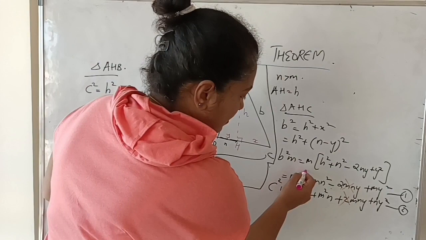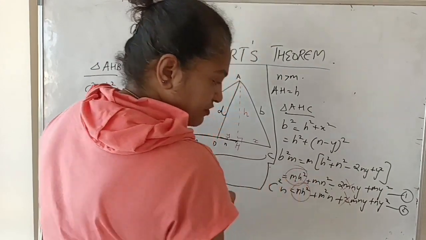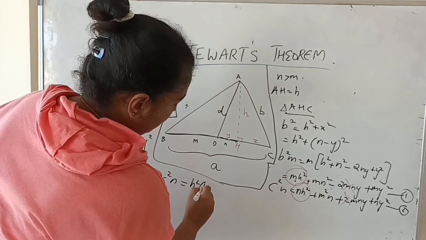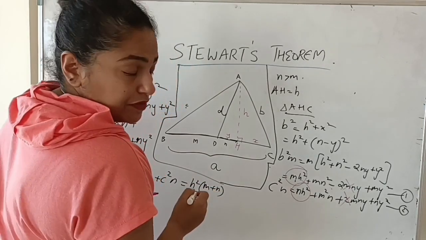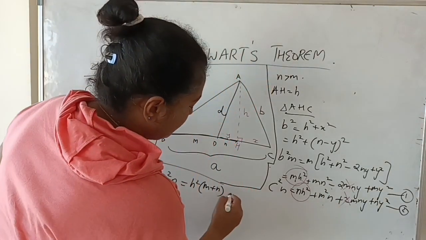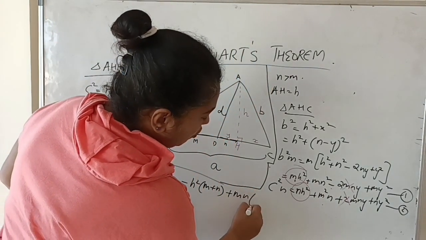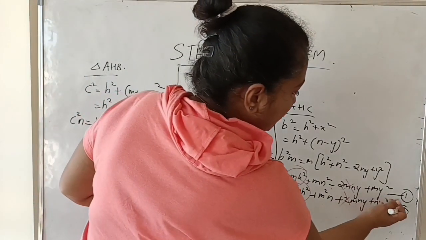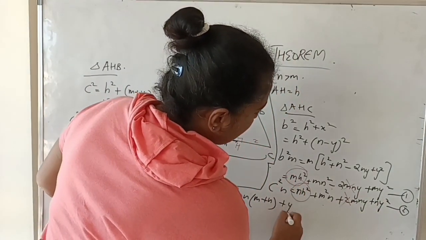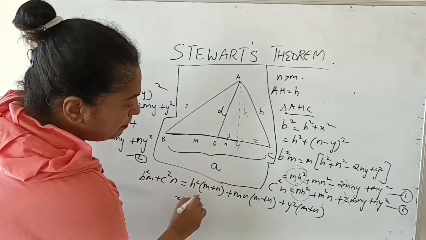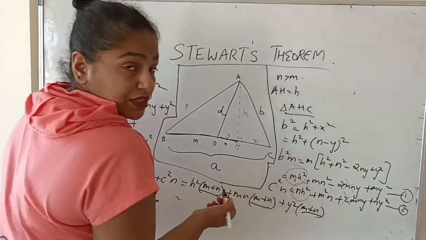Now let's add MH square and NH square. H square is common, so I will write H square into (M plus N). Now MN square and M square N. What is common in that? MN is common. Correct. Now MY square and NY square. Y square is common, M plus N. Now M plus N is a common term in all the three.